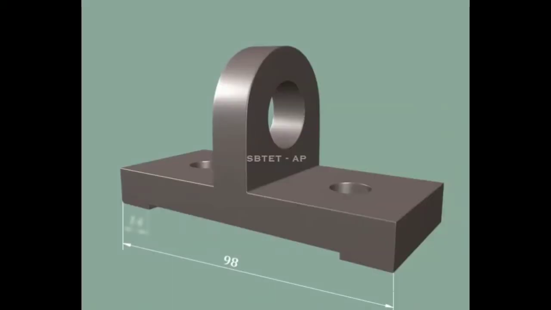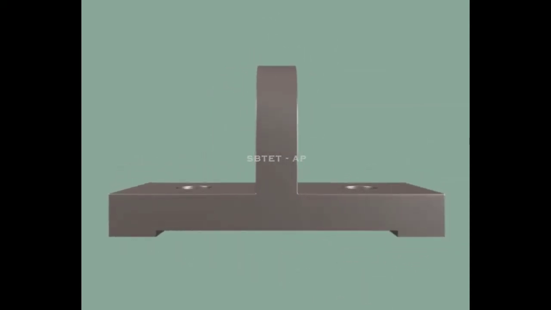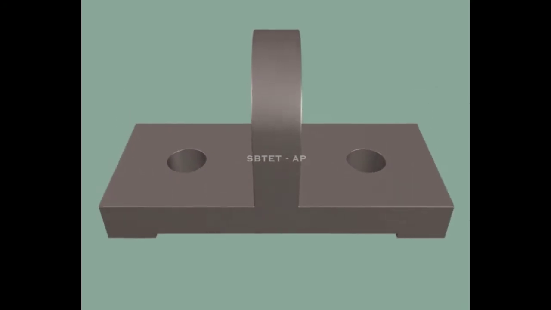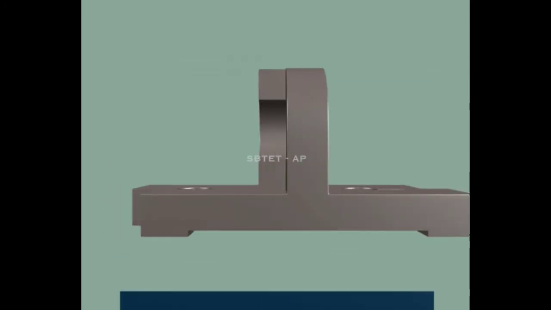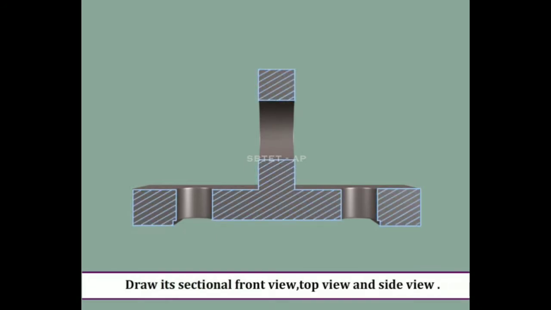In this problem, the pictorial view of a bearing block and position of cutting plane are available. We need to draw the sectional front view, top view and side view. Draw the front view of the object.